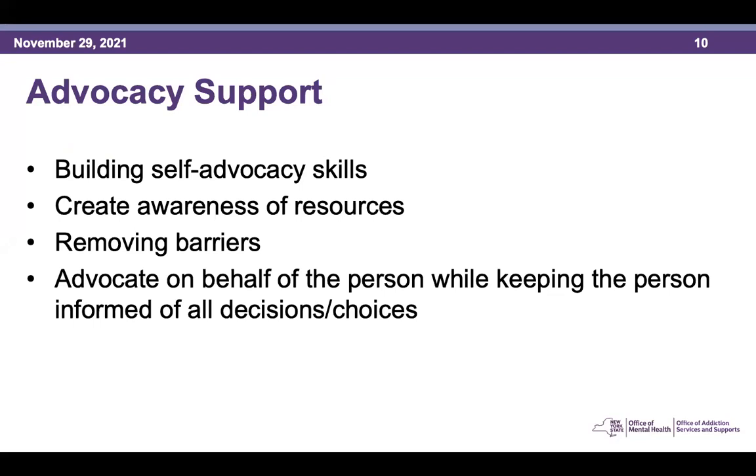A warm line is typically a telephonic or virtual service for people who are looking to discuss their daily struggles. They are often staffed with self-identified peers, and they listen and offer support, share their experiences, and offer up more community resources. The peer works alongside the person as they seek and obtain benefits and entitlements, food, shelter, and permanent housing. The peer advocates on behalf of the person while keeping the person informed of all decisions and choices made.